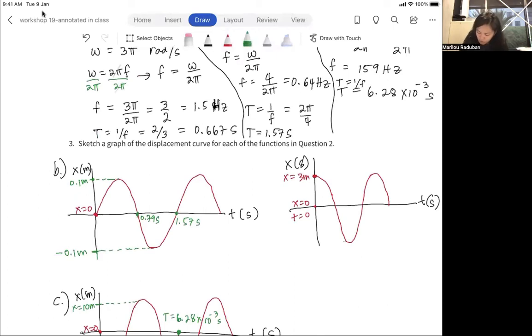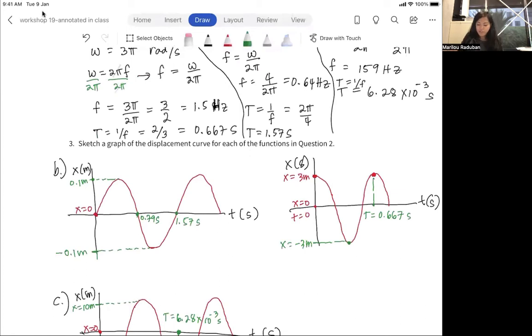Of course, here, this should be x is equal to -3 meters for the lowest portion of the graph. And then the period is 0.667 seconds. So period, you're measuring from t equals 0 up to the point where the graph will repeat itself. So that's one period. And the period should be 0.667 seconds. Right?